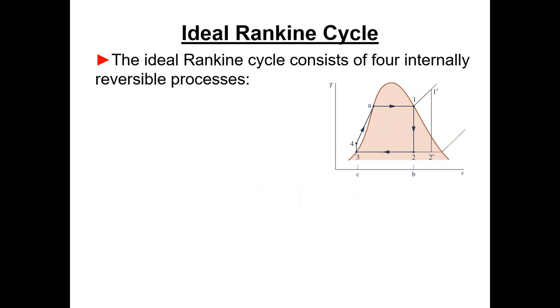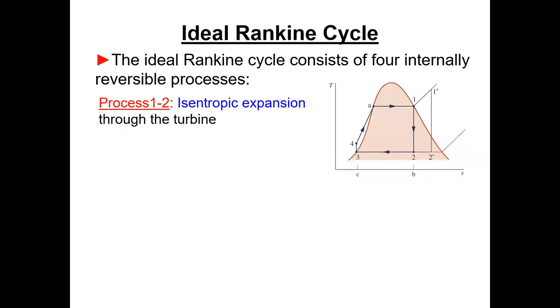The ideal Rankine cycle consists of 4 internally reversible processes. We'll see it on a TS diagram, which is probably the most advantageous diagram to plot this cycle on. It's the one that's used most of the time. So the isentropic expansion through the turbine goes from 1 to 2.